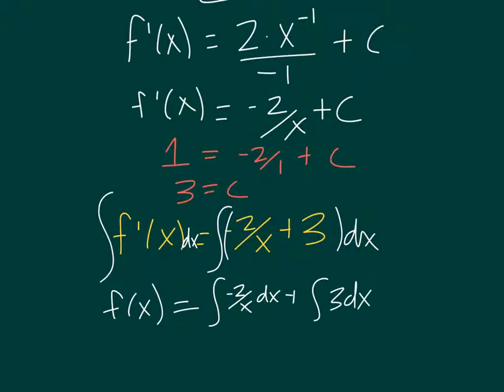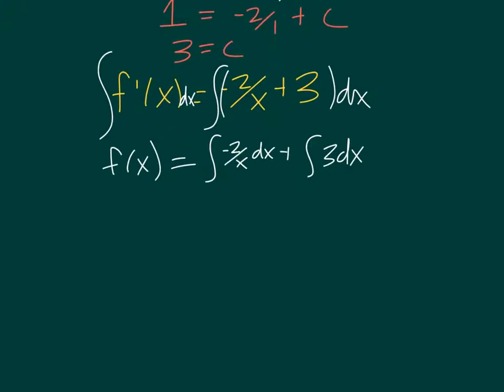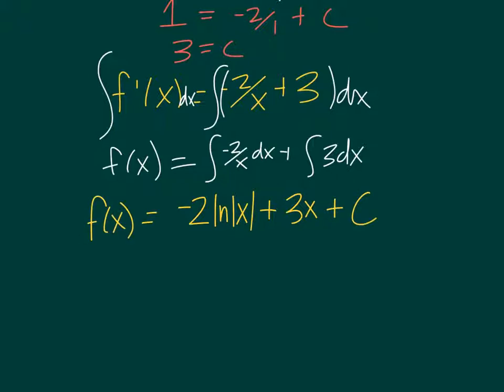You don't have to write that step if you don't want to, but you can. That negative 2 is really just a coefficient, so I can pull it out in the front. And then the integral of 1 over x dx is the natural log of x. And then here, the integral of 3 is going to be 3x. And then I have my plus c. So this equals f of x.